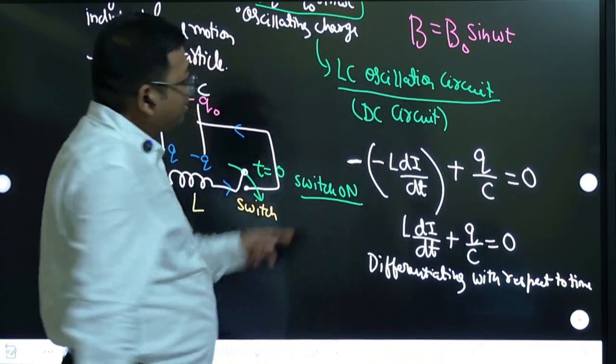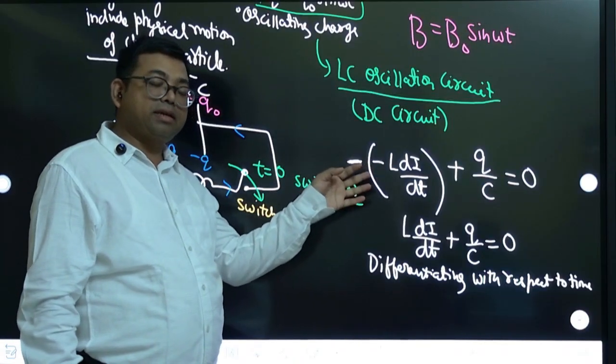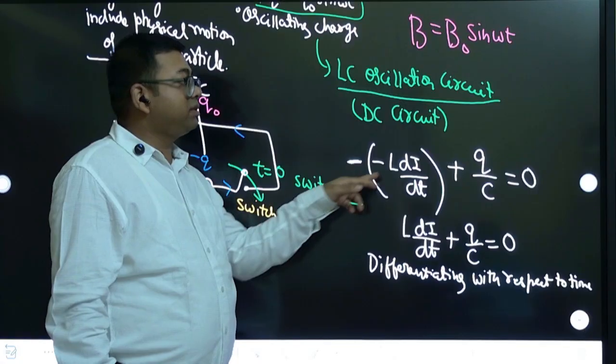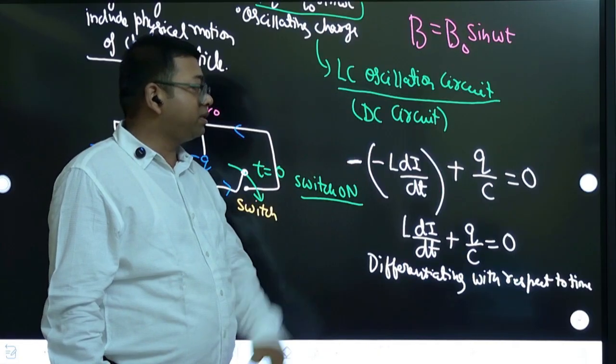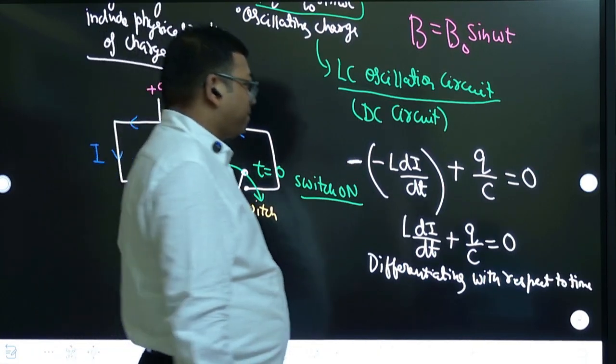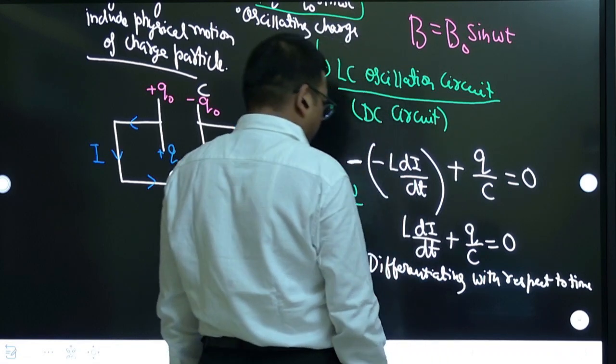If current increases, you can simply write minus L di by dt. But because current is decreasing, di by dt itself is going to be negative. That is why we are putting one extra negative here. So there should not be any confusion in this.